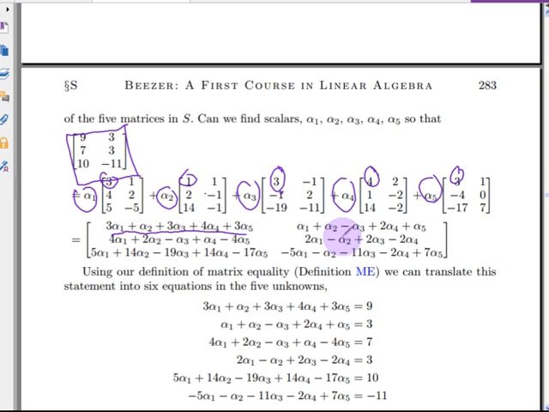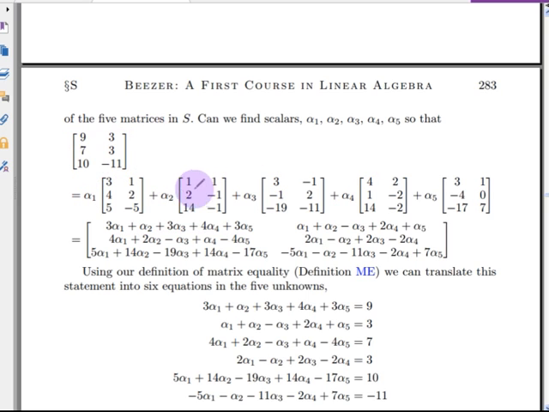This matrix expresses all of the components of the linear combination of these 5 vectors. Now, in order for this matrix to be a linear combination, we must be able to express all of the entries of this matrix as linear combinations here. So we must be able to express 9 using this expression, 7 using this expression, and so on.